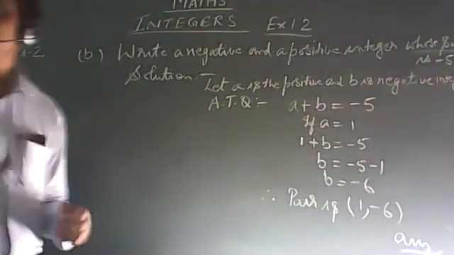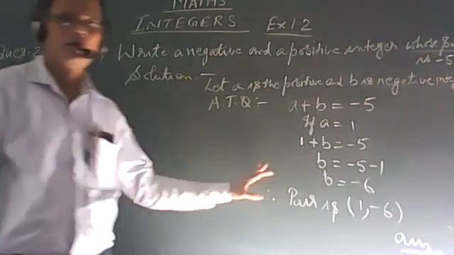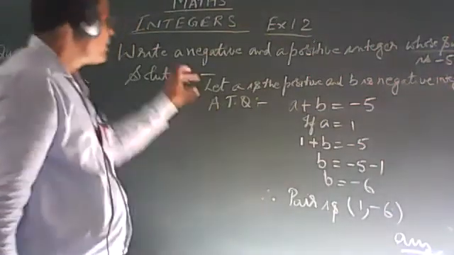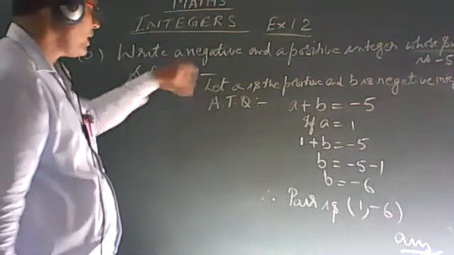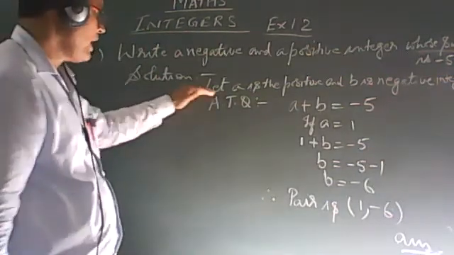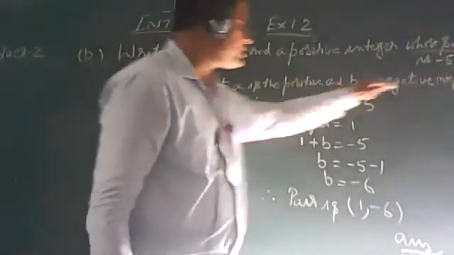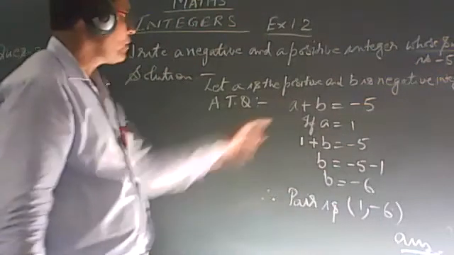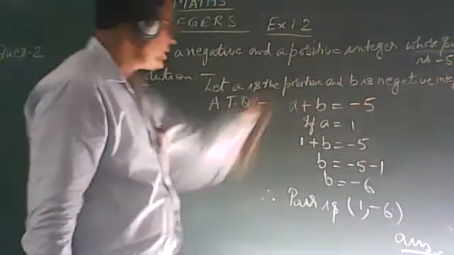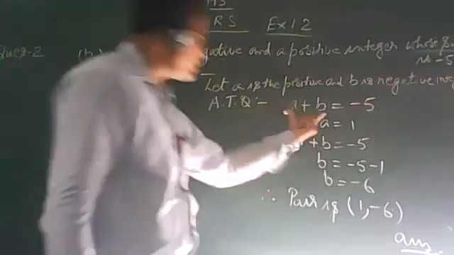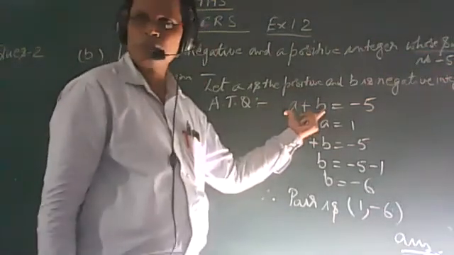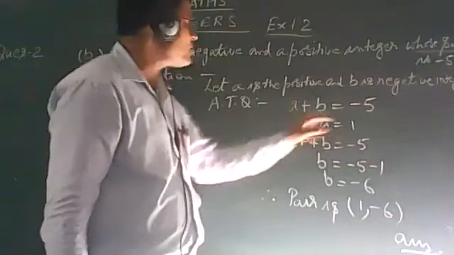Okay, is it clear? Again we explain this question. Let a be the positive and b be the negative integer. According to the question, whose sum, that means addition, a plus b equals -5.